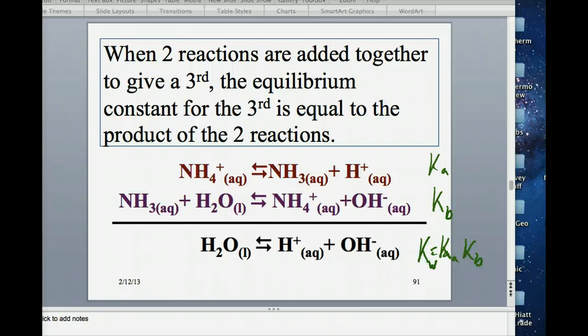Now you can't just pick any Ka and Kb. They have to be the same reaction in reverse. What I mean by that is one would be the acid reaction, one would be the conjugate or the reverse, or vice versa.